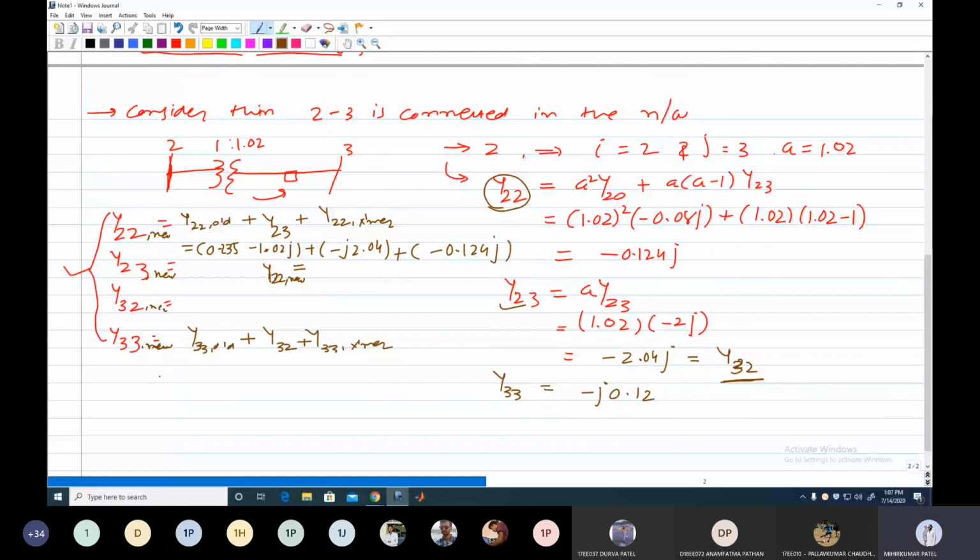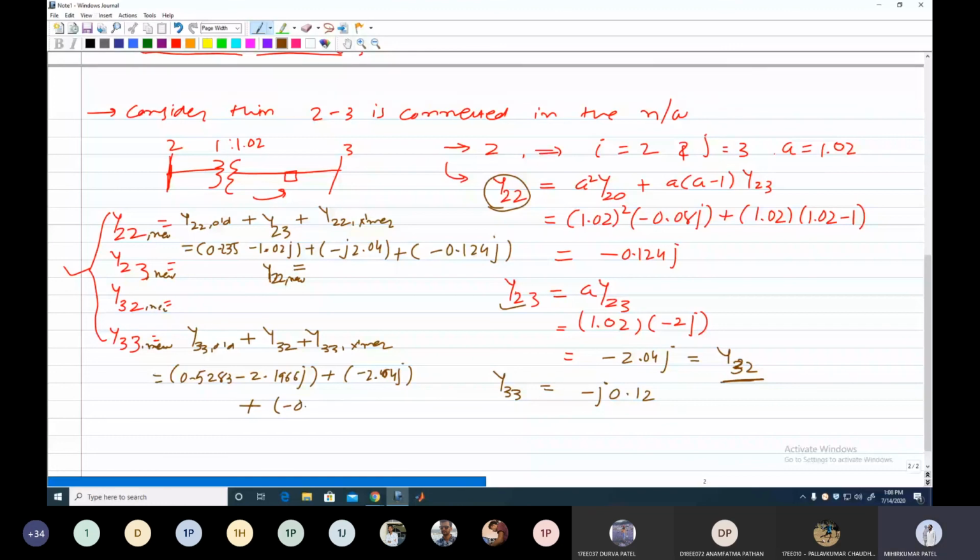What is the value of y33 old? Y33 old is 0.5283 minus 2.1966 j. Y32 you have derived already, 2.04 j. Then with transformer y33 is minus 0.12 j.